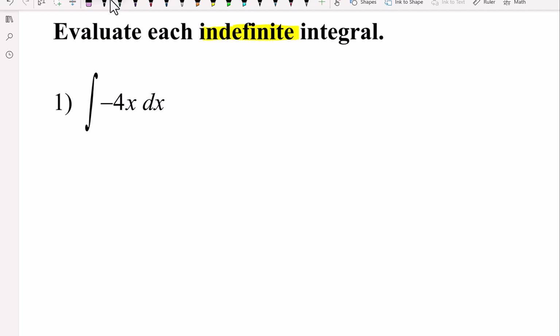So this notation right here is the notation that you're going to use to integrate. So this right here is the command to integrate.